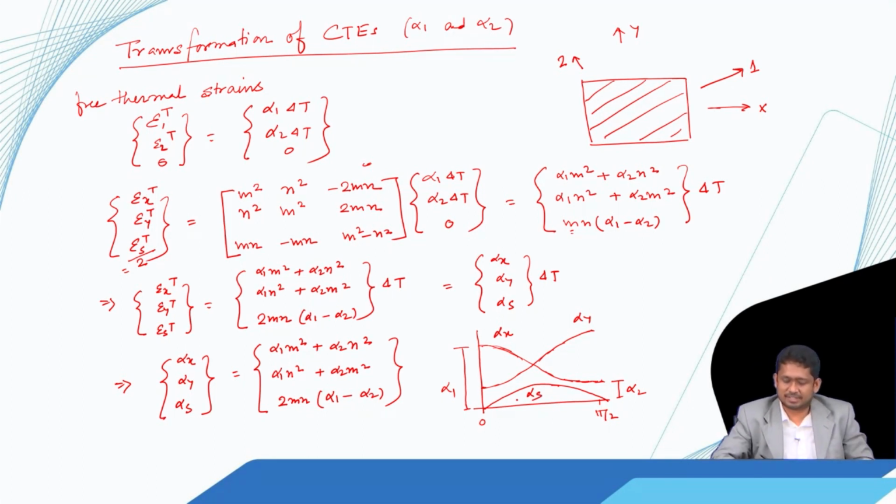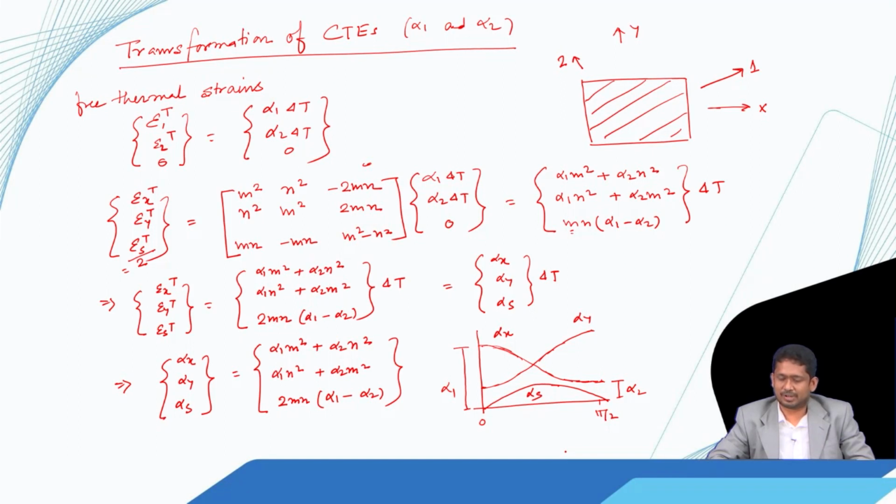So, when theta is equal to 0, that means the direction x and direction 1 coincide with each other, that means the fibers are oriented along direction x. In that case alpha x is equal to alpha 1 and alpha y is equal to alpha 2. When the opposite thing happens, that means the fibers are along 90 degree orientation, so the direction y coincides with direction 1. In that case alpha y is equal to alpha 1 and alpha x is equal to alpha 2.